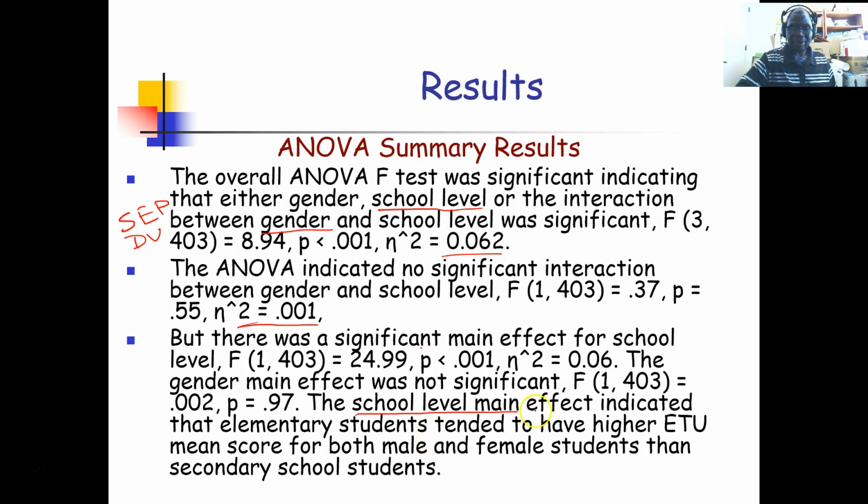The school main effects indicated that elementary school students tended to have a higher educational technology usage mean score for both male and female students than was the case with the secondary school students.